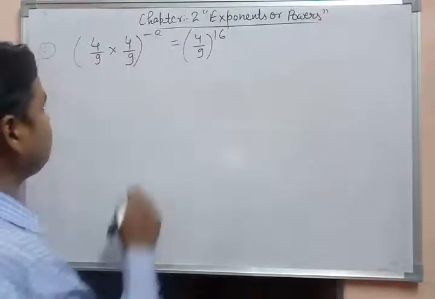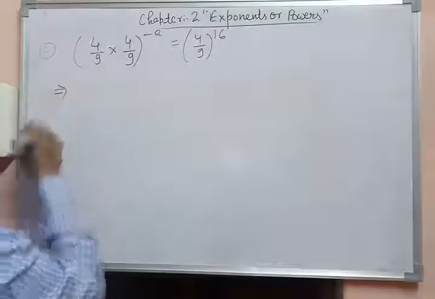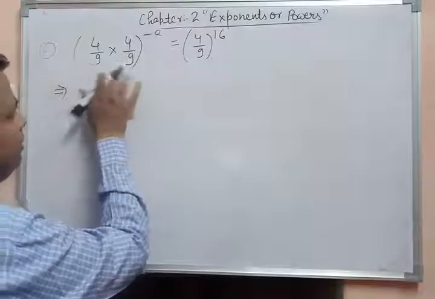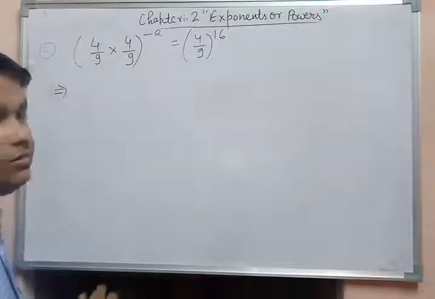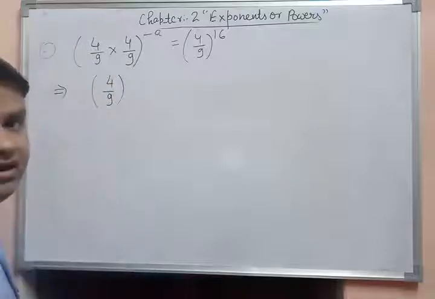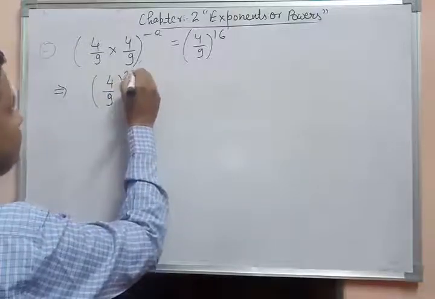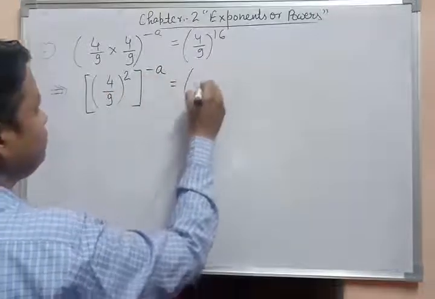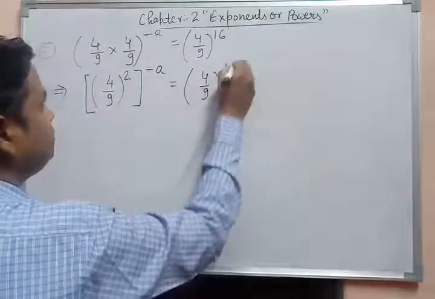Now students, first of all you have to change. Here there are 2 times of 4/9 given, so first of all you have to write in exponent form: 4/9 to the power 2 to the whole power minus a is equal to 4/9 to the power 16.